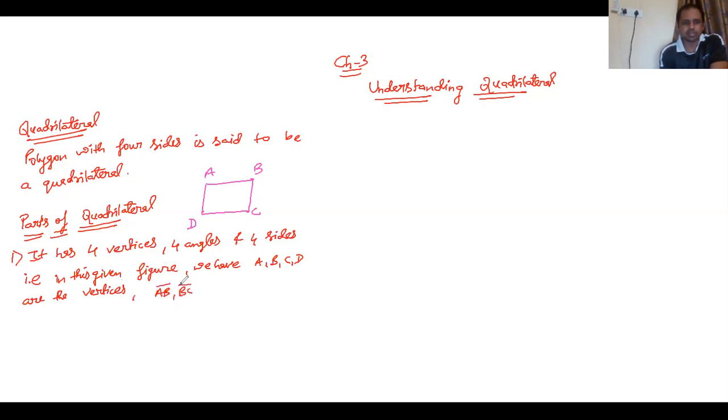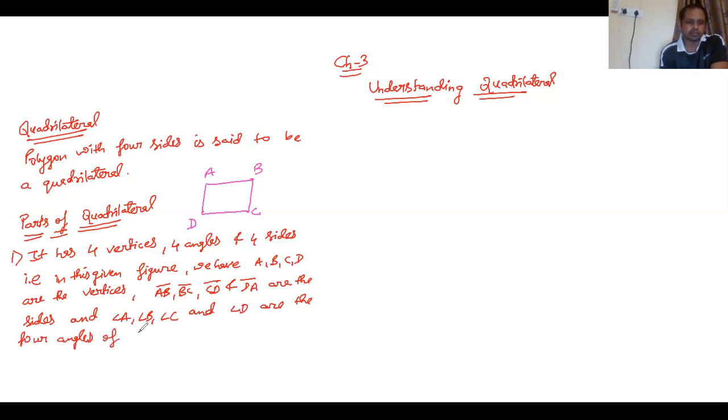AB, BC, CD, and DA are the sides, and angle A, angle B, angle C and angle D are the four angles of quadrilateral ABCD, which is written with this shape symbol and ABCD. Okay.